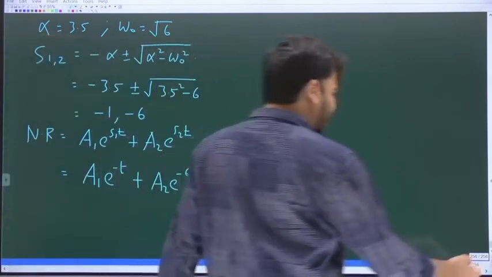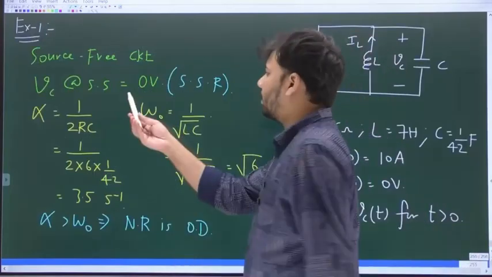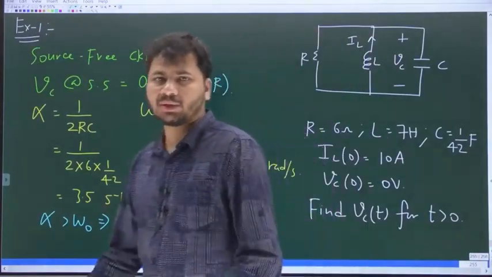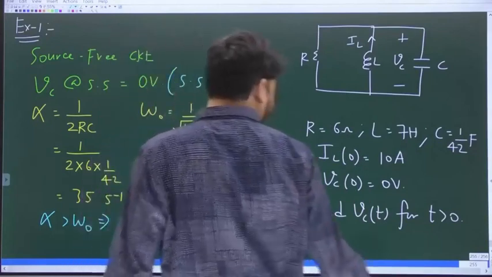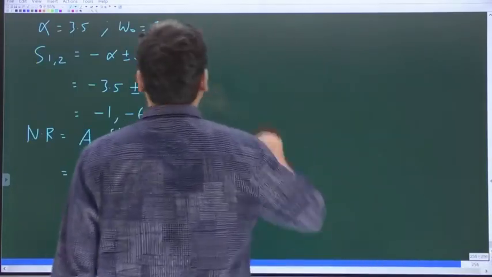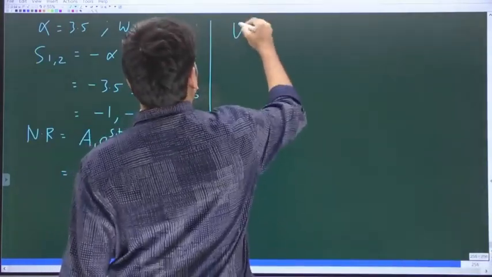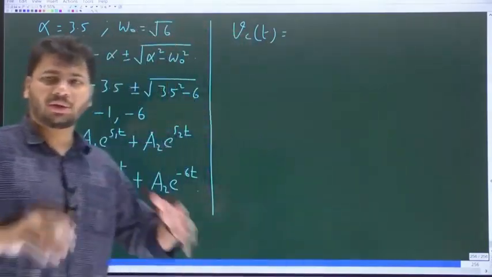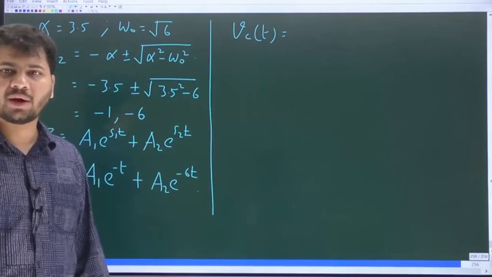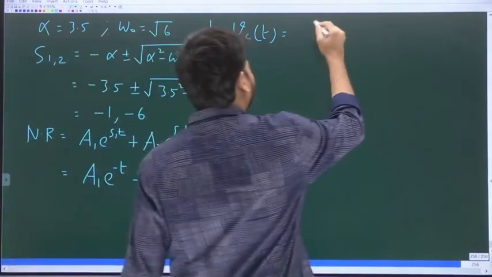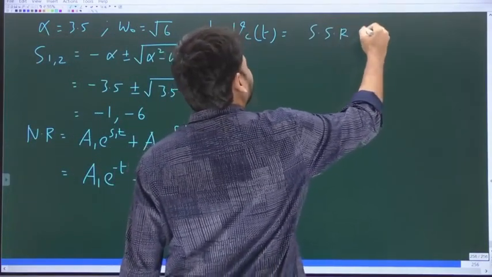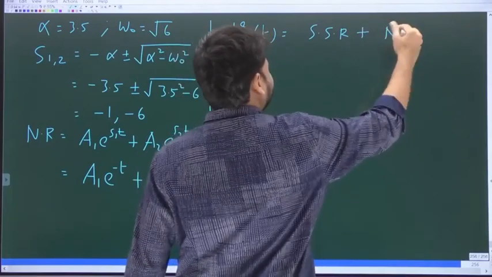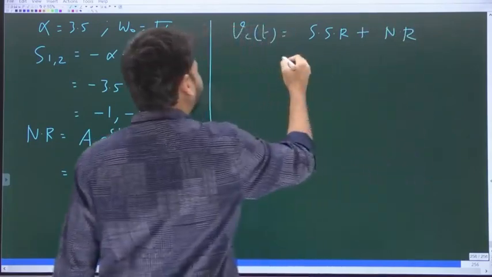Okay. Already we know that the steady state response is 0, since it is a source free circuit. Now we should write the complete expression for Vc of t. Always Vc of t will be equal to the steady state response plus the natural response.